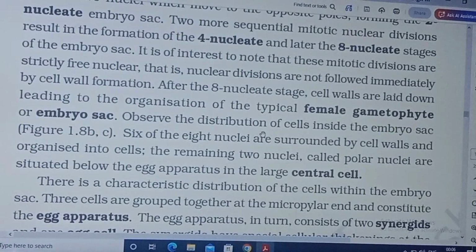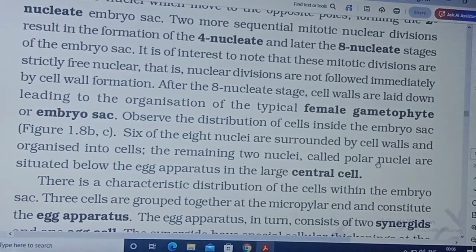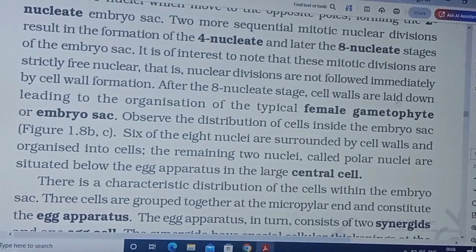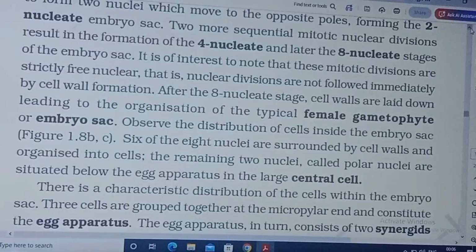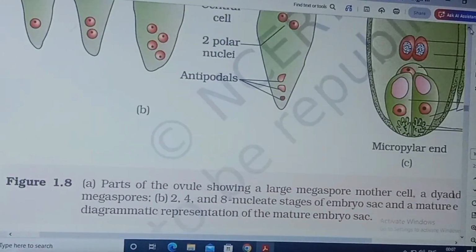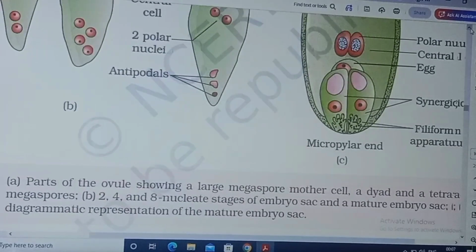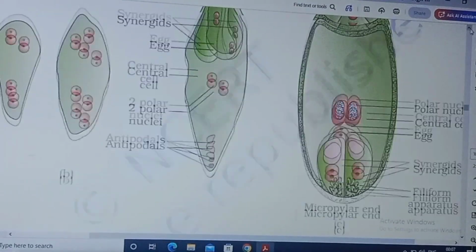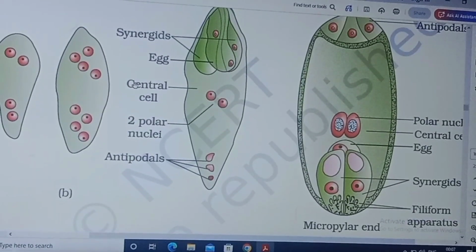Let me show this in the diagrammatic view. You can understand by this diagram.